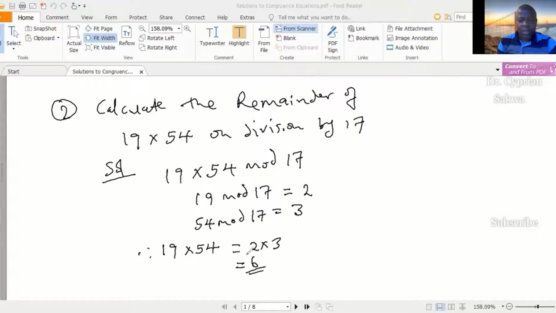As I said, you may multiply and then divide by 17 and see the remainder, but in complicated questions, you may want to simplify the question, find the remainder for each part and then get the product of the remainders. That's what I've done. So the remainder is 6.